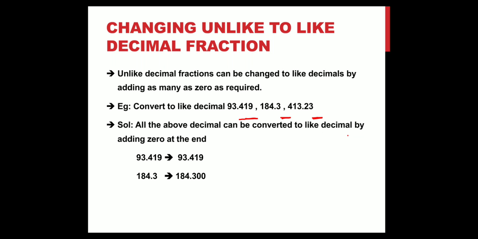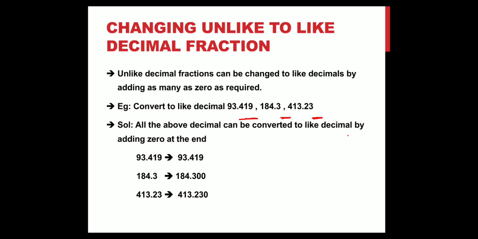Now if you see 184.300, the value remains the same, and after the decimal point I got 3 decimal places. Understood? The value has not changed, because I have put 0 only at the end.